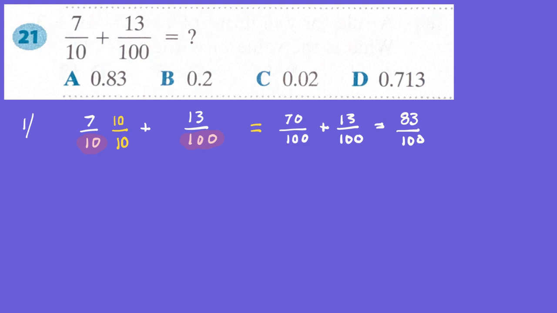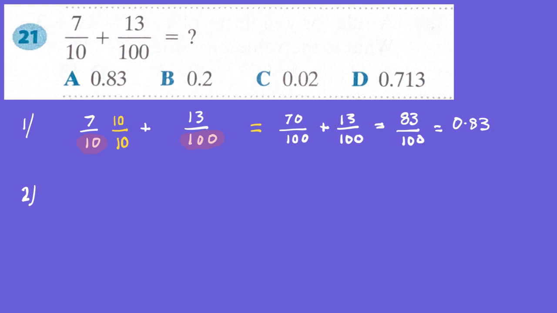And now we want to change it into a decimal. It'll become 0.83, because dividing it by 100, we move 2 places to the left. Now, the second way of working this out is that we change the fraction straight away into the decimal.